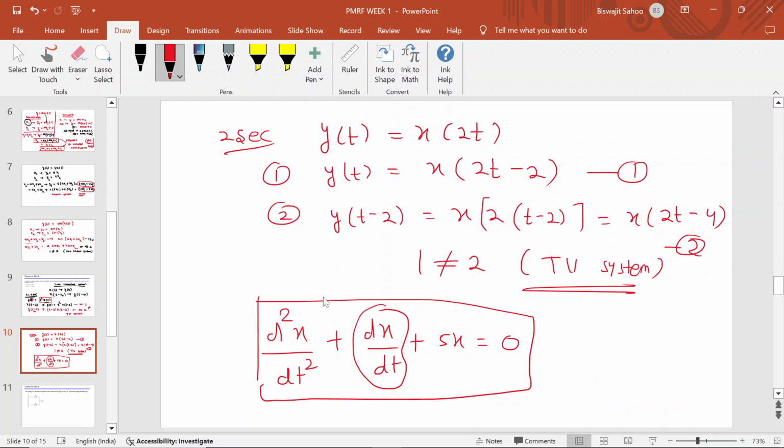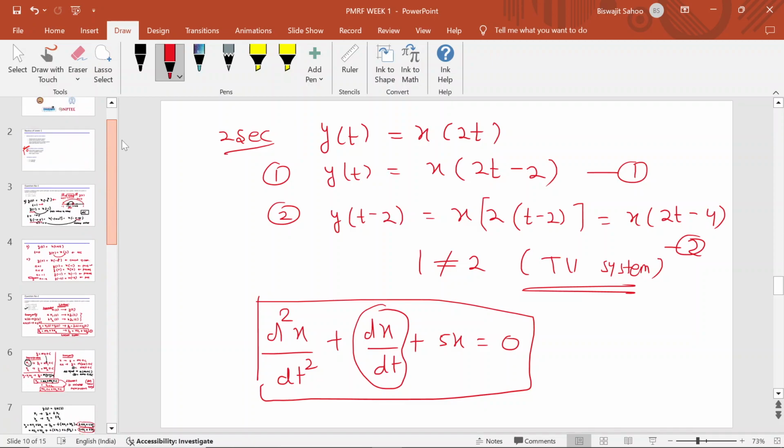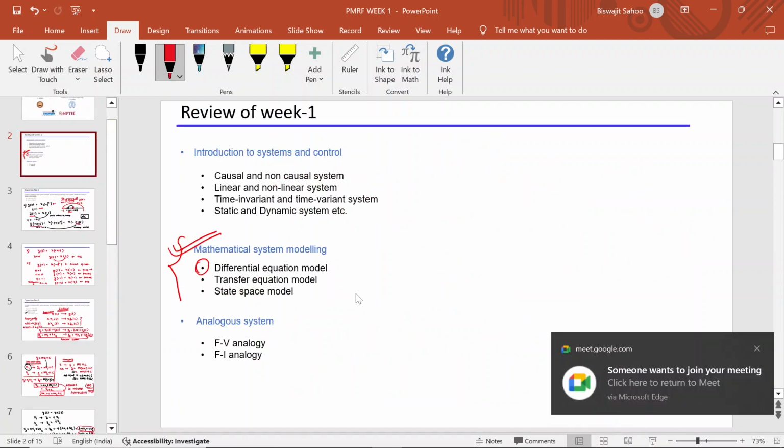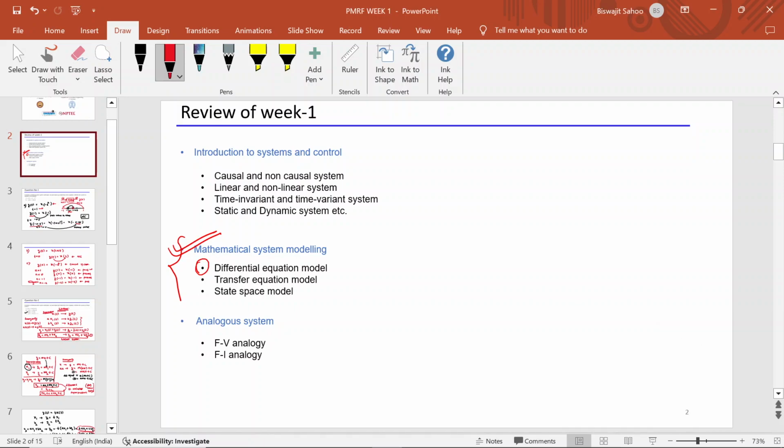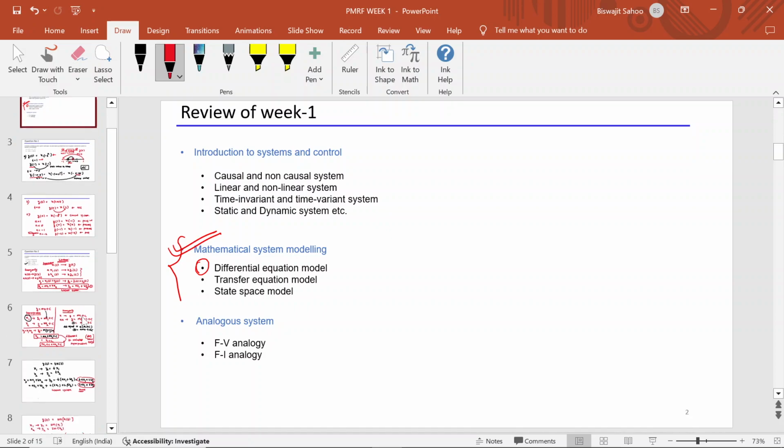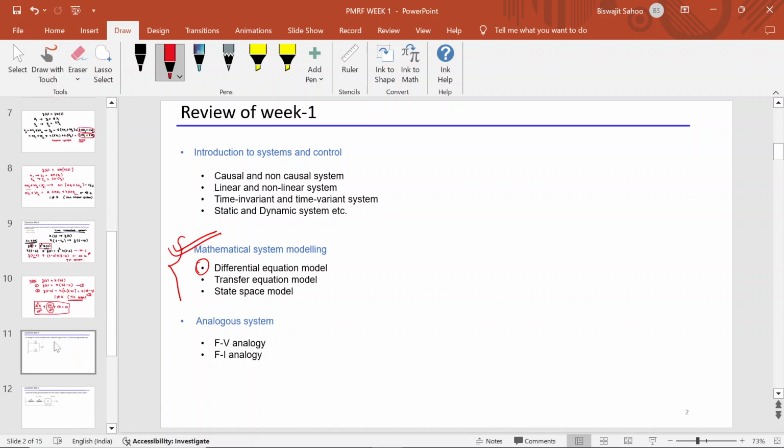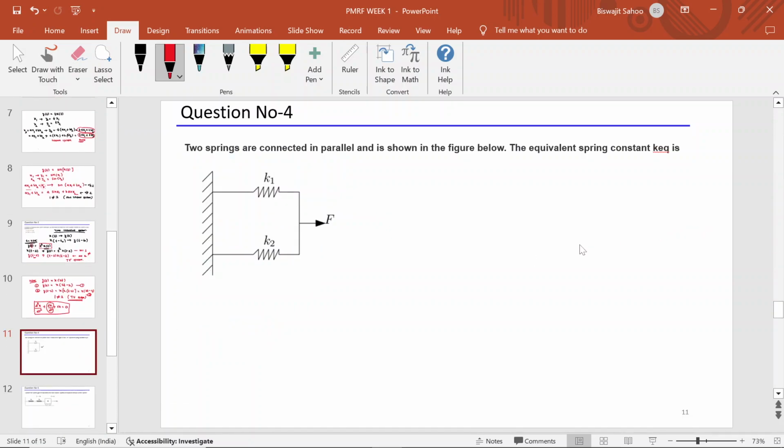Let me go to the second method, mathematical system modeling, because there are some questions on it in your assignment. How to solve this type of question? Before that, whenever you model a mechanical system, it has an electrical equivalent.